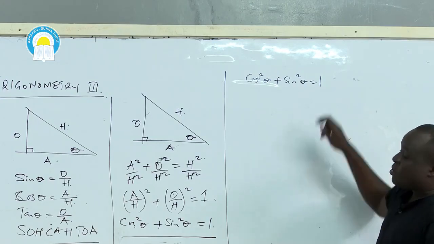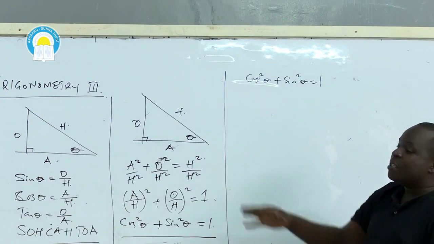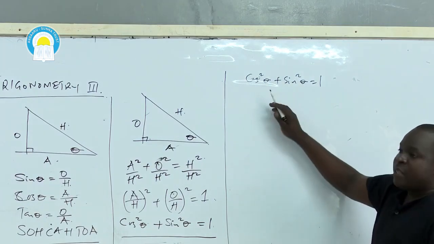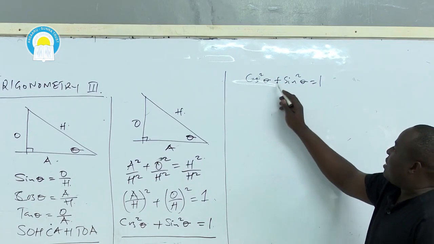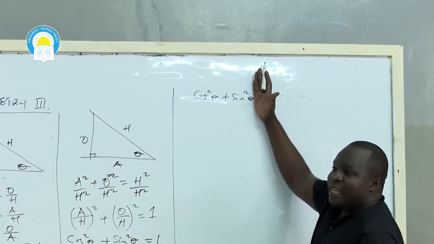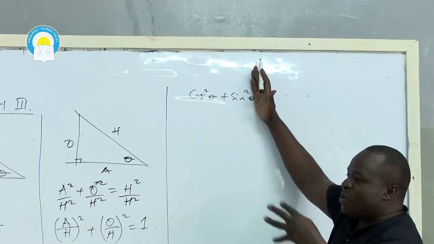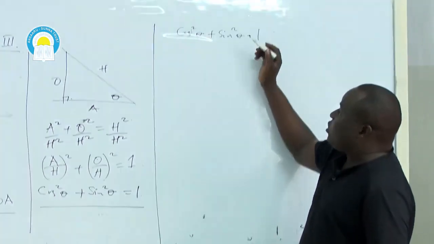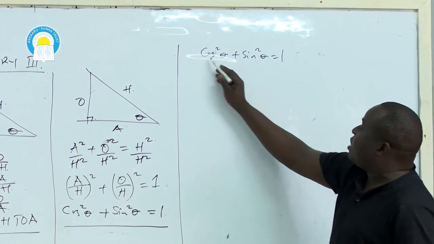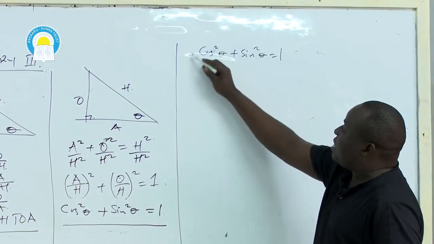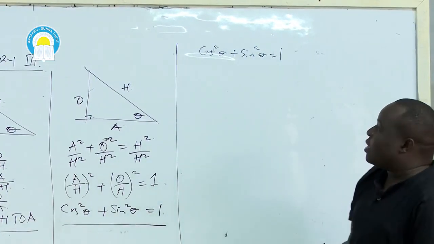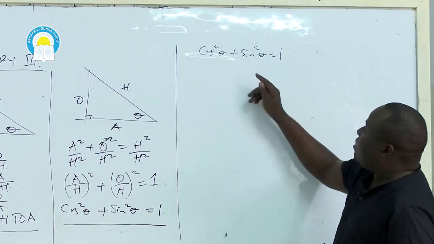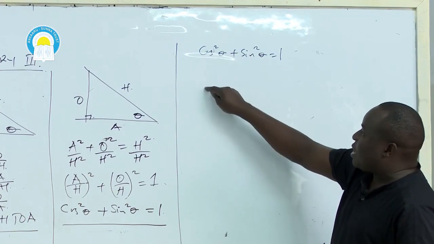So if this is true, what it means is in this topic, anytime I'm working out questions and I come up with a statement like cos squared theta plus sine squared theta at the end, or somewhere within the equation I'm doing, then I should know that if I wish, I can replace that statement with 1. So instead of writing that value, I simplify it and replace it with 1.